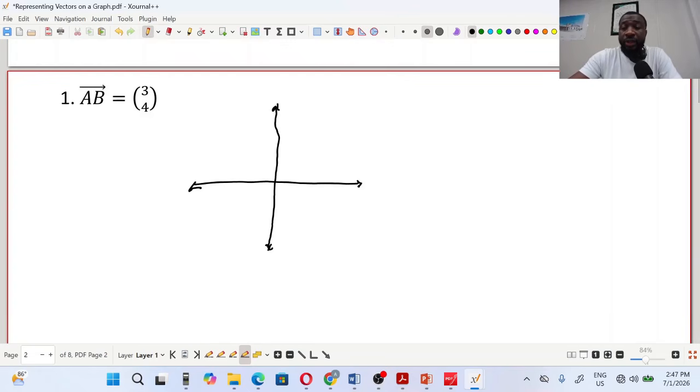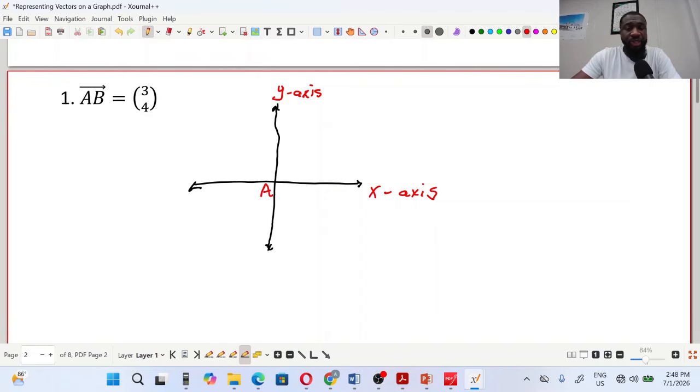Here I know this is my y-axis, and this is my x-axis. So it says vector AB. And remember, during our last lesson, we said the first letter tells you where you're starting from. So it tells me that I'm starting from A, the origin.